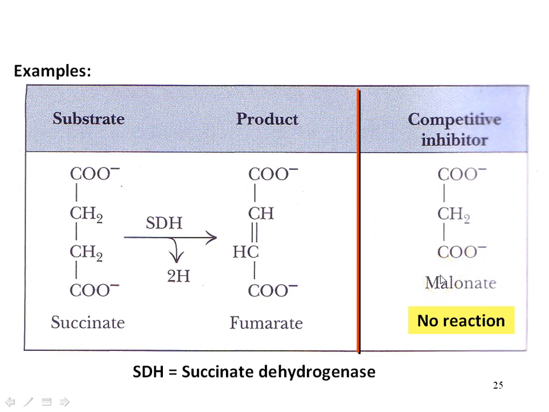It has two carboxylic groups, as you can see, but instead of two methylene groups, you have only one in the malonate, and therefore you cannot form a double bond like the succinate, and there will be no reaction if malonate is bound to the active site of this enzyme, SDH. However, it is so structurally similar to succinate that it will competitively inhibit it by competing with it for the active site.